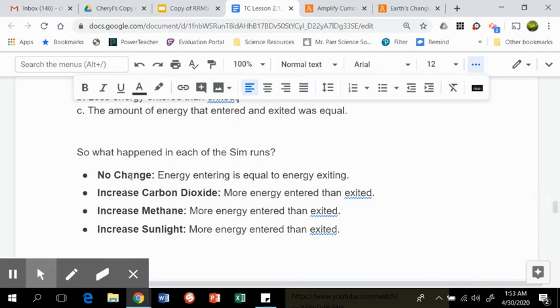When we were testing no change, energy entering is equal to the energy exiting. When we increased carbon dioxide, more energy entered than exited. When we increased methane, more energy entered than exited. When we increased sunlight, more energy entered than exited.